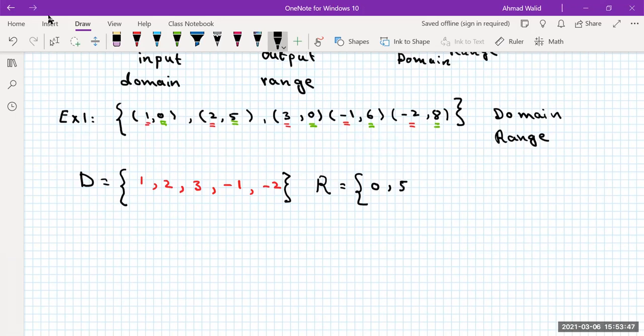Once is enough. 6 and 8, that's your range. It's really easy to read the domain and the range of a given relation.